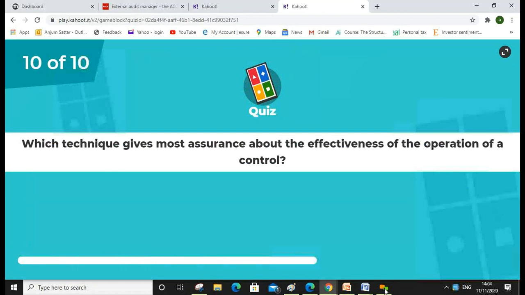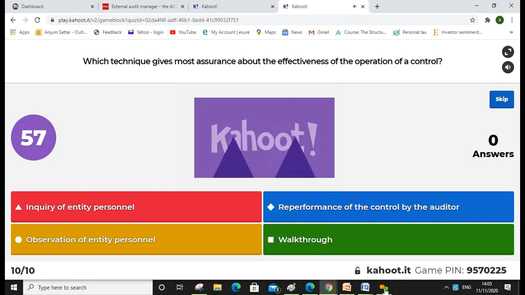Which technique gives the most assurance about the effectiveness of operating controls? Is it inquiry, observation, re-performance of the control by auditors, or walkthrough?